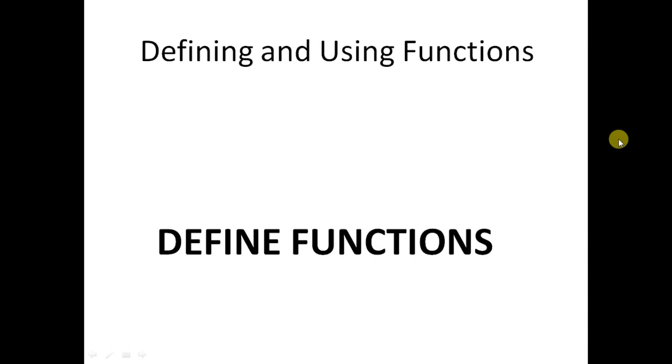Now, defining and using functions. When the browser receives JavaScript code, either directly through a script element or indirectly through the module loader, it executes the statements it contains in the order in which they have been defined. This is what happened in the previous example.